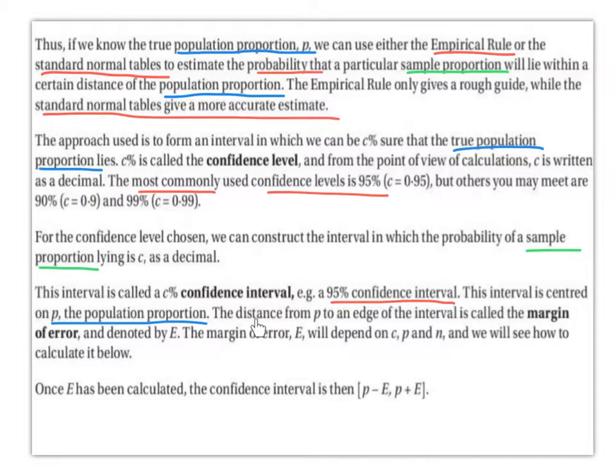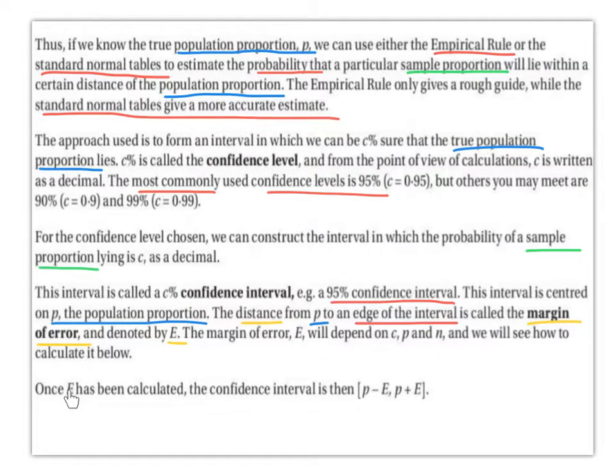The distance from P to an edge of the interval is called the margin of error, and it's denoted by a capital E. The margin of error E will depend on C, the confidence level, P, the population proportion, and N, the size of the sample. We'll see how to calculate it below.